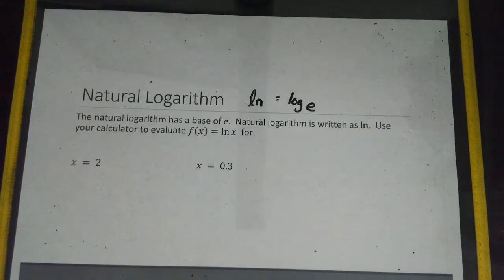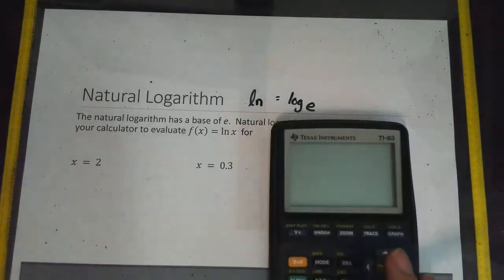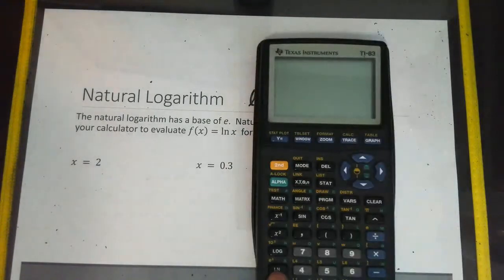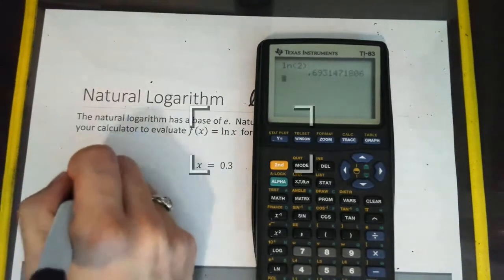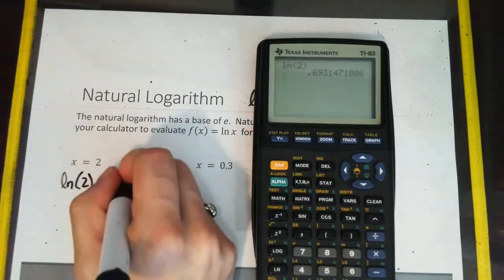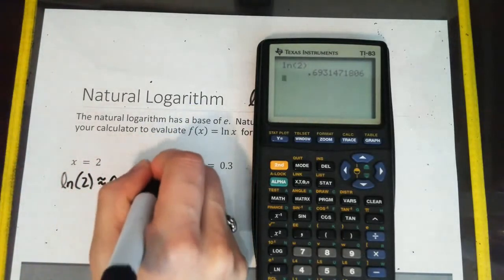Use your calculator to evaluate f of x equals natural log of x for x equals 2. So we need to find our ln button. Mine is right below logarithm. So the natural log of 2 is about equal to 0.6931.